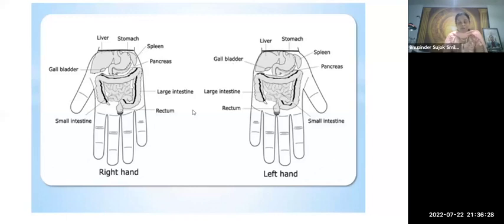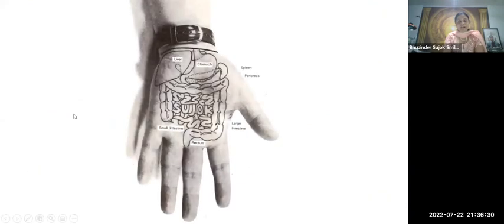And then also, you see on the hand, it looks simple because the hand is similar to the human body. This is not just a point. All these correspondence points are located on the hand, matching with your body organs. The organs, how they are placed in your body, in the same way they are placed on our Sujok body. So we cannot say that this is just a stomach point or just a liver point.